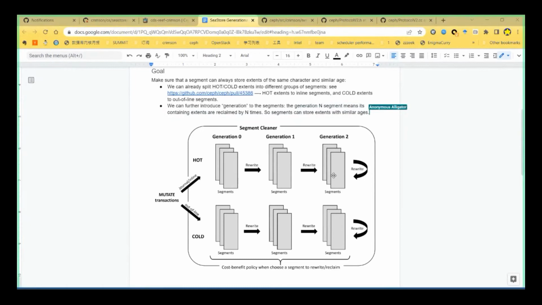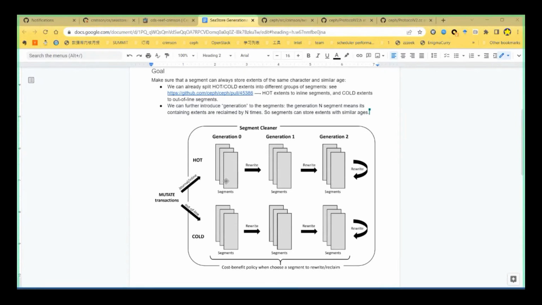What do you mean by, could you repeat? A hot segment that makes it to generation 2 without being rewritten. I guess you could either think of that as a cold segment, or you could observe that segments containing hot extents will tend to cycle faster. So I guess hot generations are smaller time slices. I guess that makes sense.